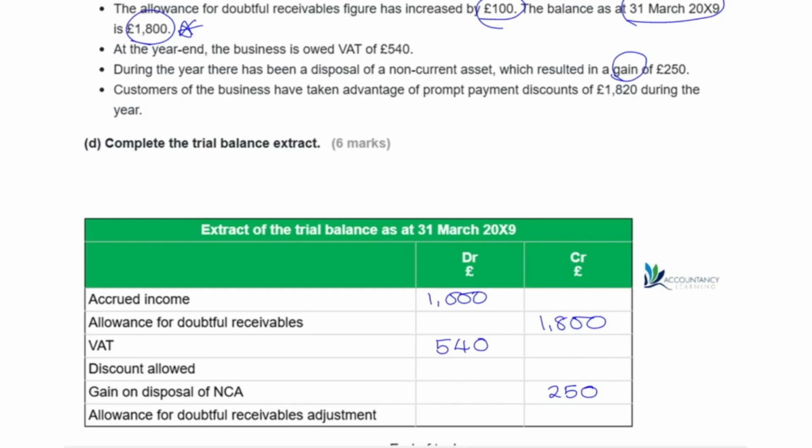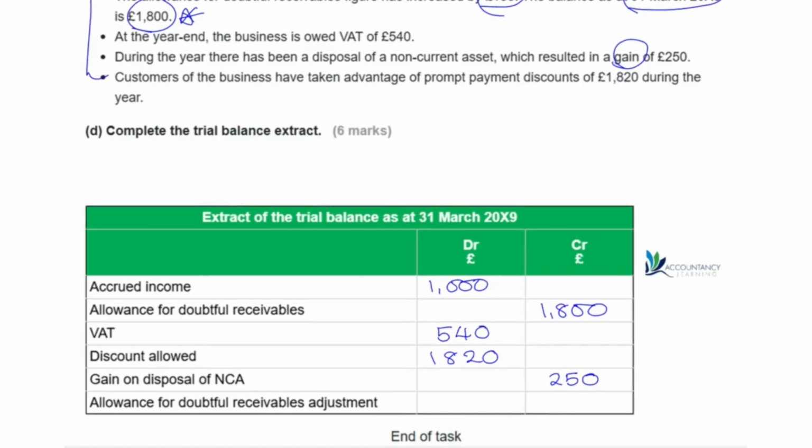Customers of the business have taken advantage of prompt payment discounts of 1,820 during the year. So if the customers have taken advantage of the discount, it's an expense to the business. So 1,820 there. And we've finished all of our points here, but we've still got the outstanding line at the bottom.